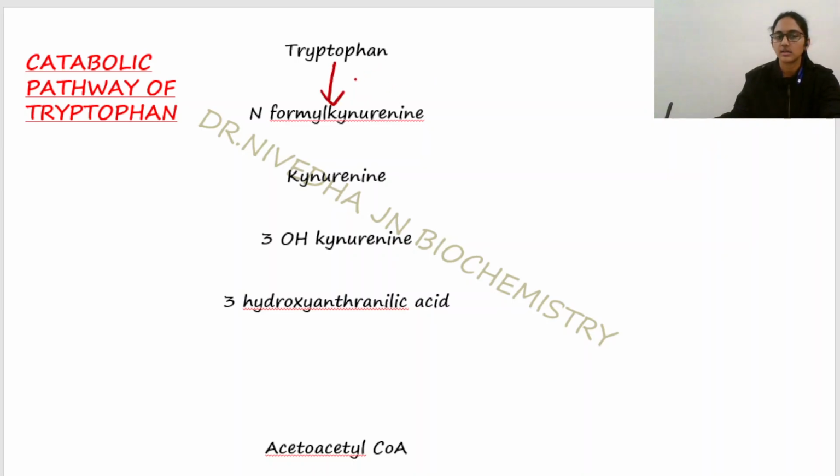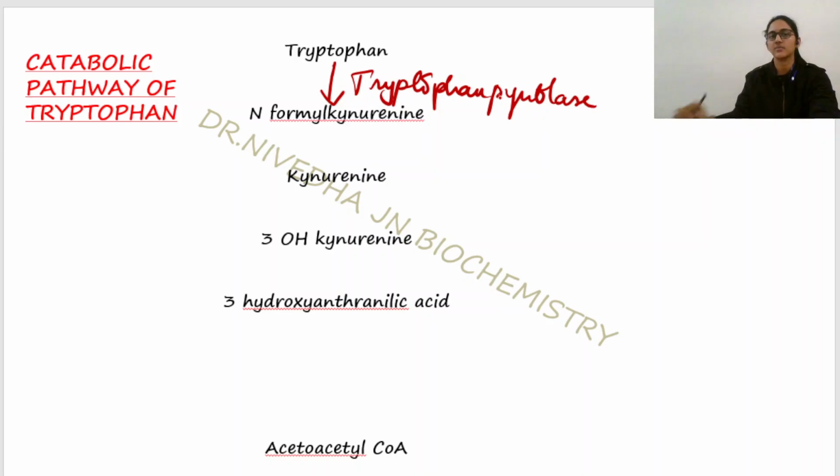What is the enzyme involved in this reaction? It is tryptophan pyrrolase, which converts tryptophan to N-formylkynurenine.